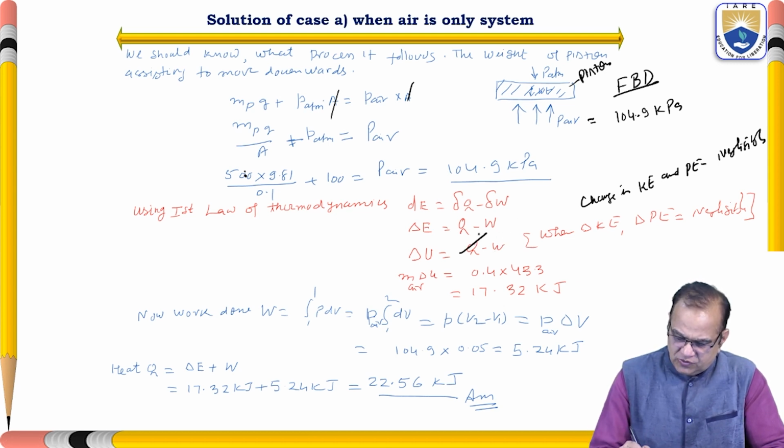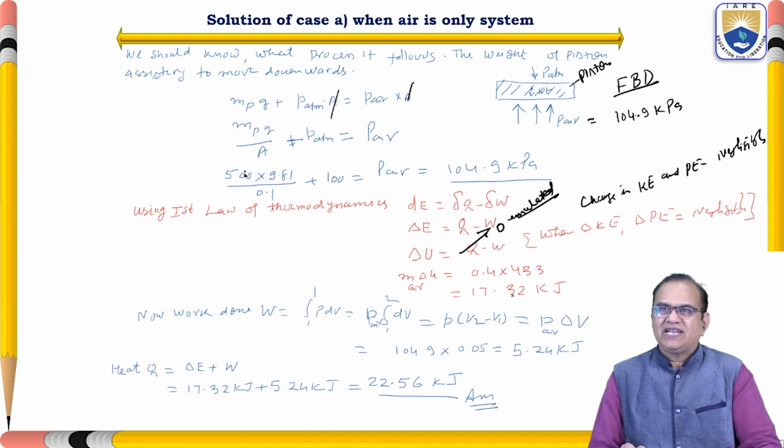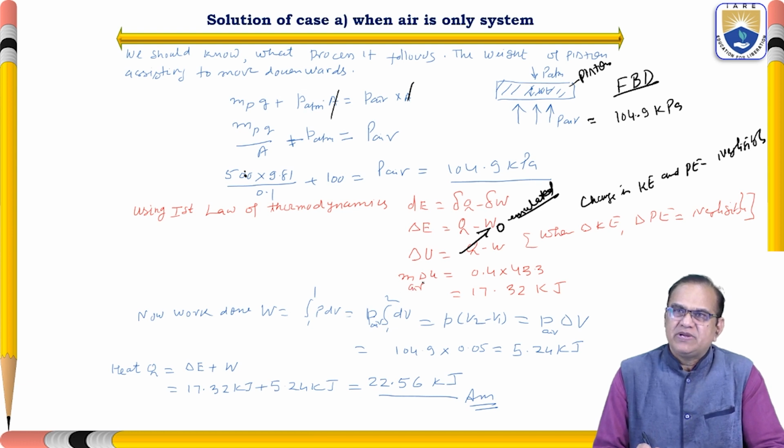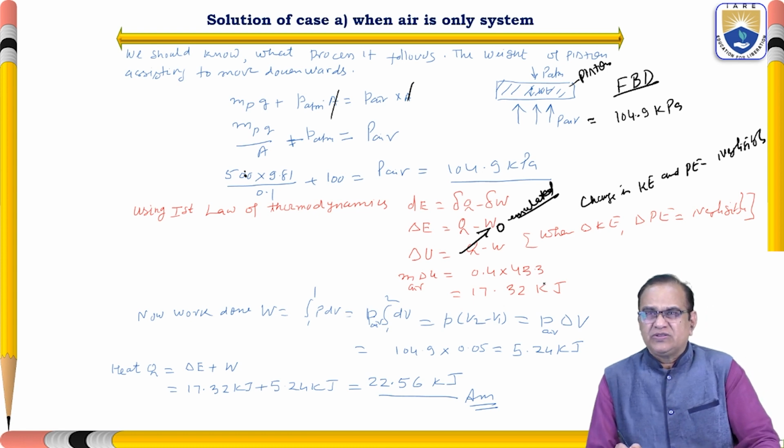Q is equal to 0 as it is insulated, so no change in heat. So we got M into delta U of air equal to 0.4 into 43.3.